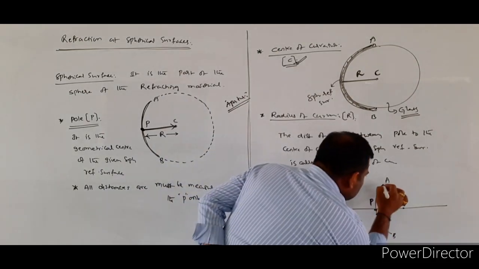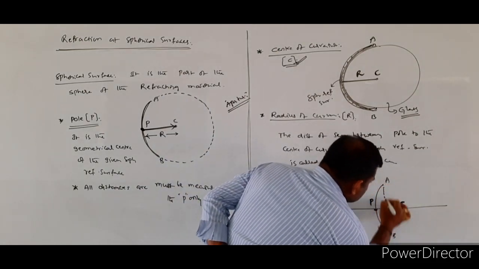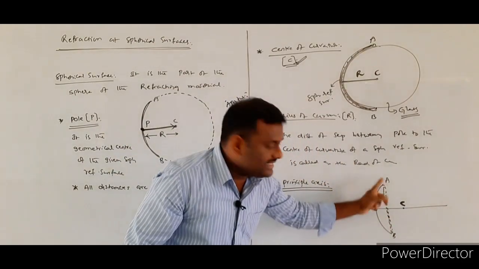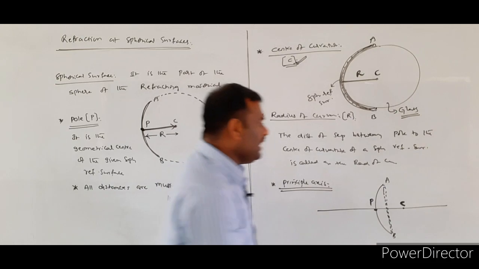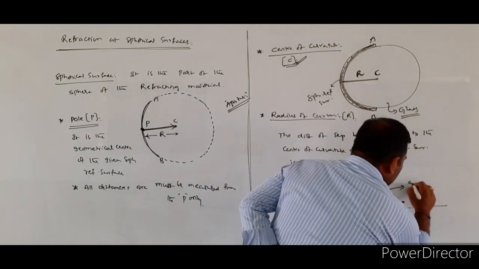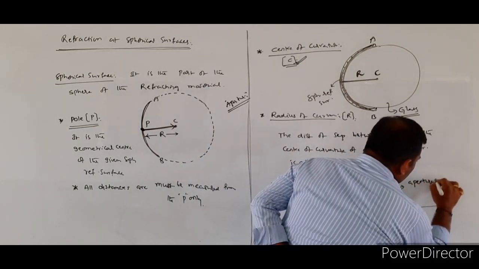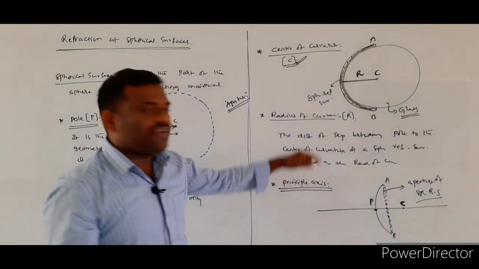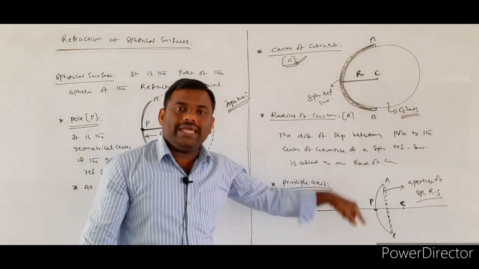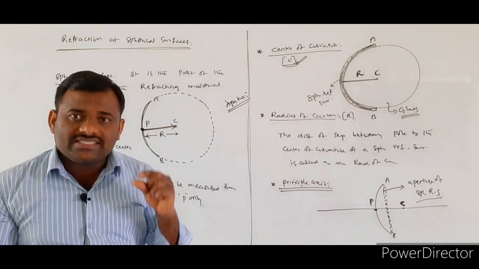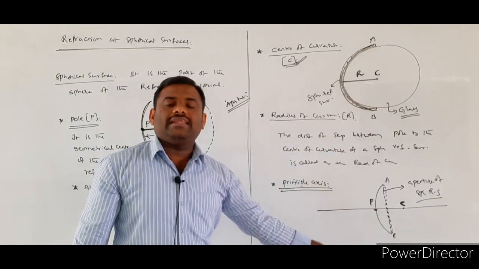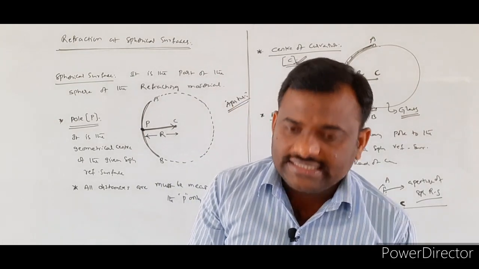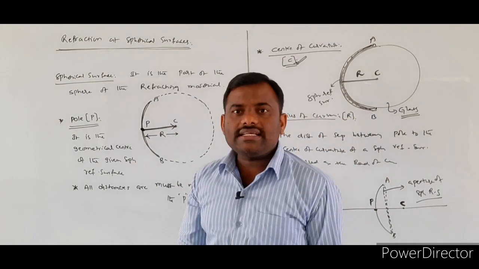So here in this diagram, the distance of separation between A and B gives the aperture size of a given spherical refracting surface. So these are the introduction part, the basics about spherical refracting surfaces.